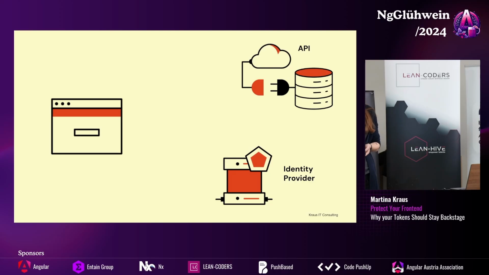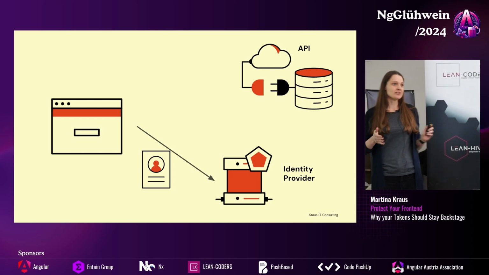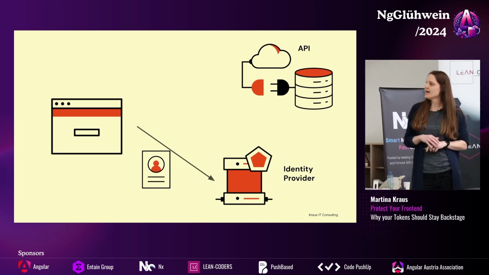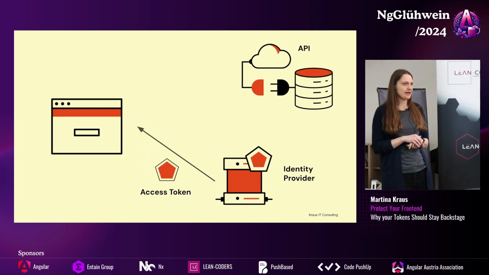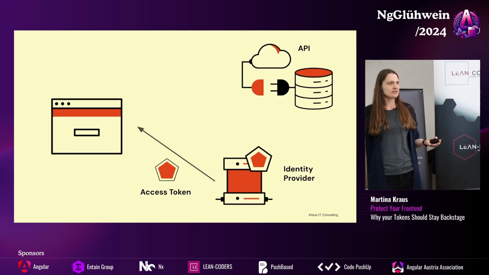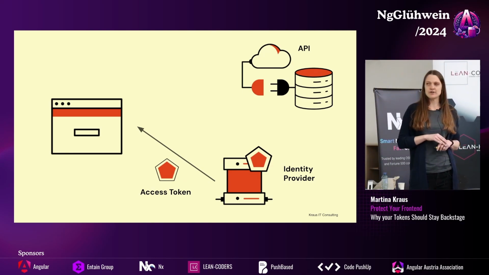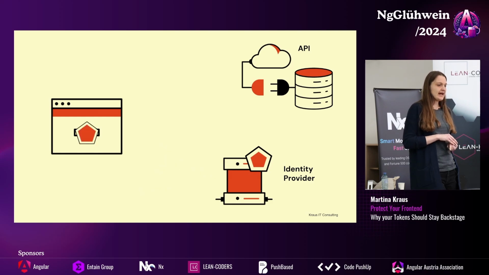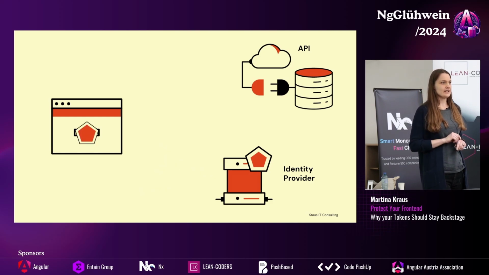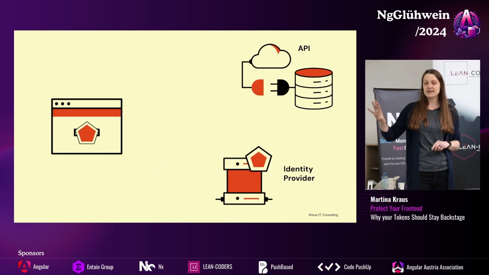I get redirected to this identity provider. I put in my credentials, hopefully also a passkey in the meantime, and I get my token back. This could most probably be the access token I want to have, but of course it could also be the ID token and additionally a refresh token, but we'll come to that. And then I need to store this token in the front-end application, and that is the really tricky part.